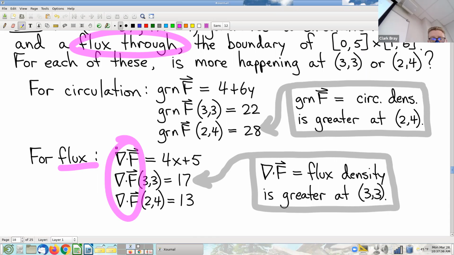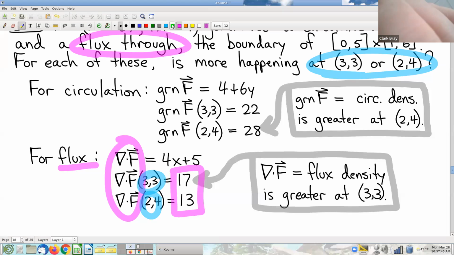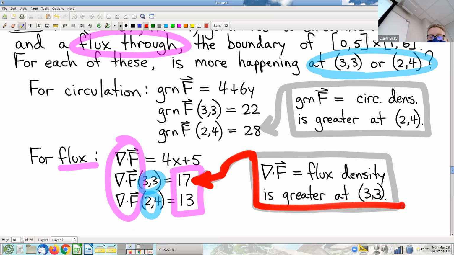Divergence is flux density. And so I'm interested in comparing these two points. Fine, plug them in, see what you get. The divergence is, well, these are the two numbers. Where is there more divergence happening? Well, there's more divergence there. So there's more flux being created also there. Everybody good?